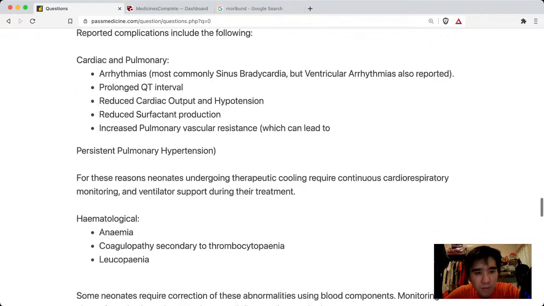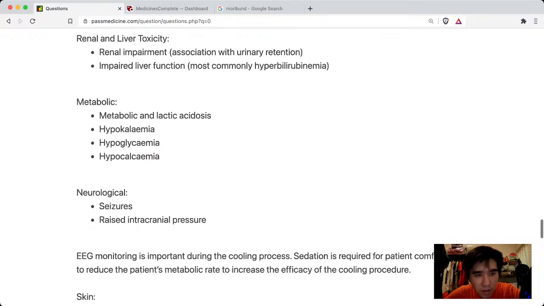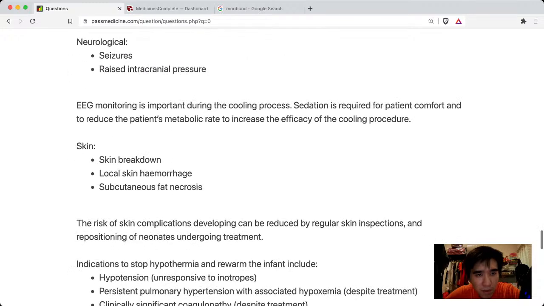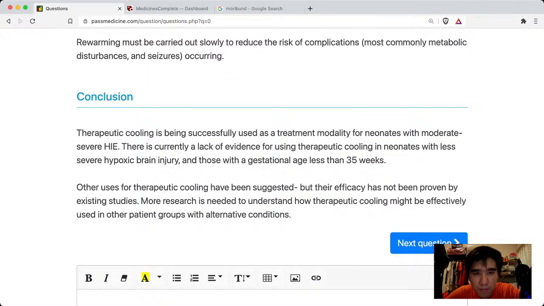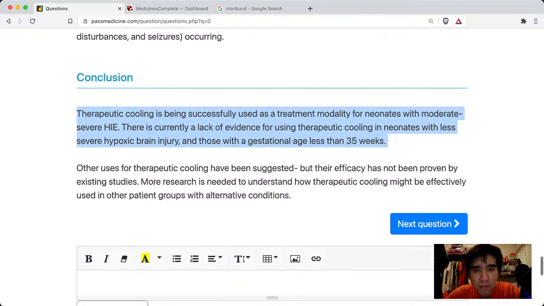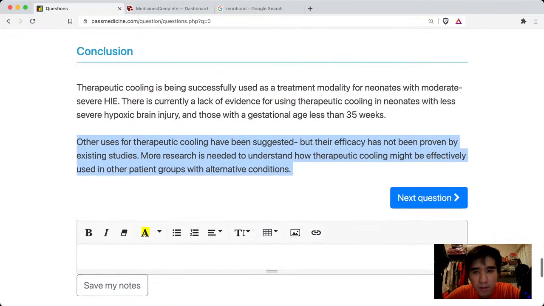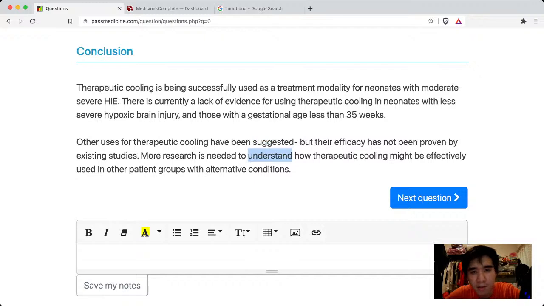Complications. These are the complications. Okay, get an overview of what it is already. Other uses have not been proven yet.